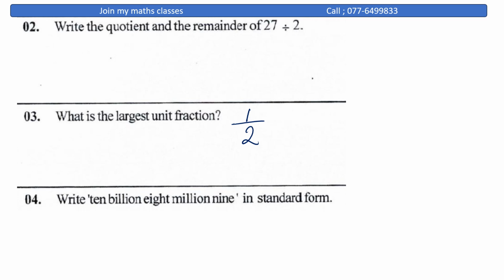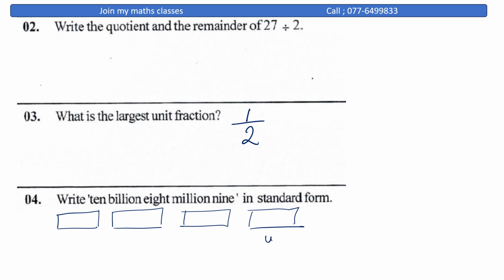Write 10 billion, 8 million, 9 in standard form. So when you try to answer this kind of problem, you can just draw this kind of periods for numbers.